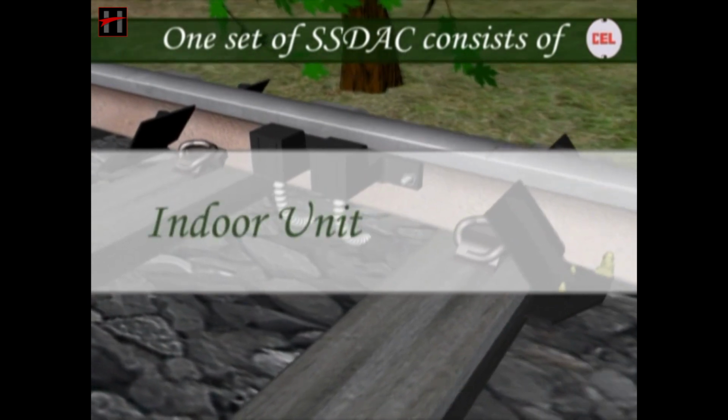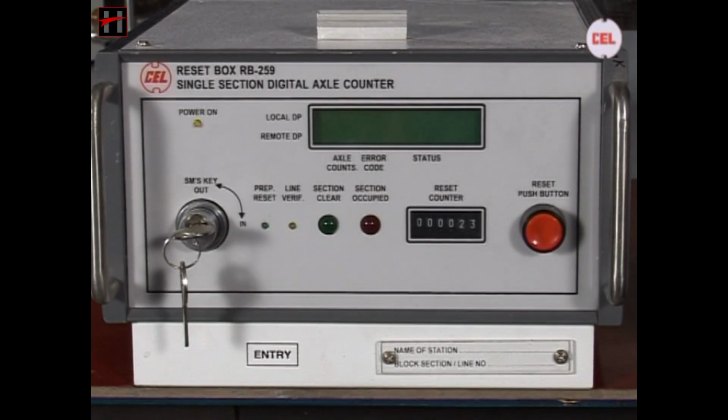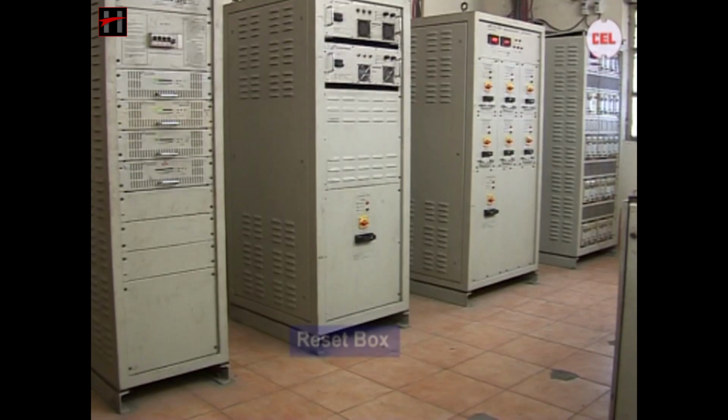The indoor unit consists of the reset box and its supportive equipment.